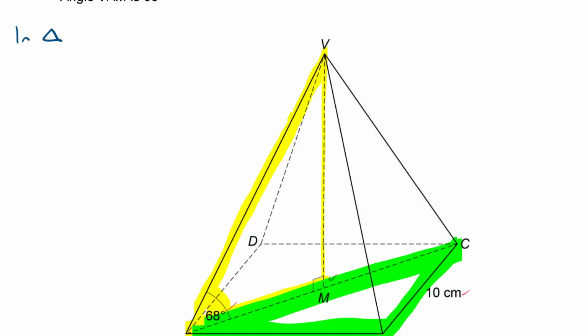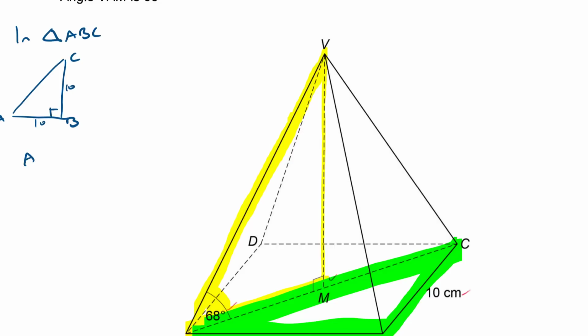So in triangle ABC, I sometimes just like to take those triangles out and draw them next to my method. So I've got my triangle here. This is A, B, and C, and I know that it's 10 and 10. And what I want to do is to find AC, don't I?